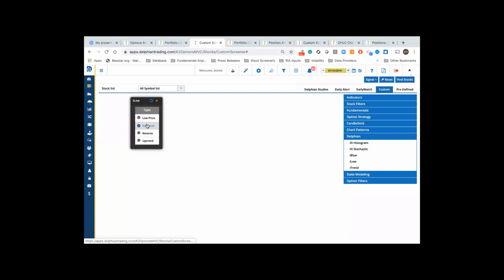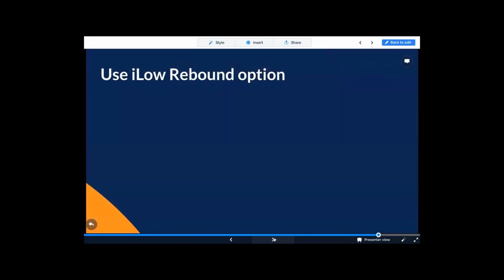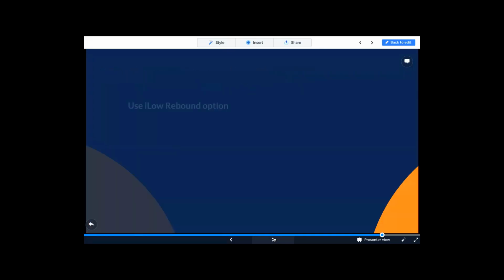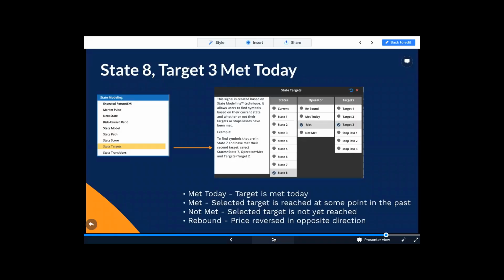Okay. Now, let's take another notch up. Now the reversal model. The reversal model is saying still the same, state modeling met target 3, still the same.